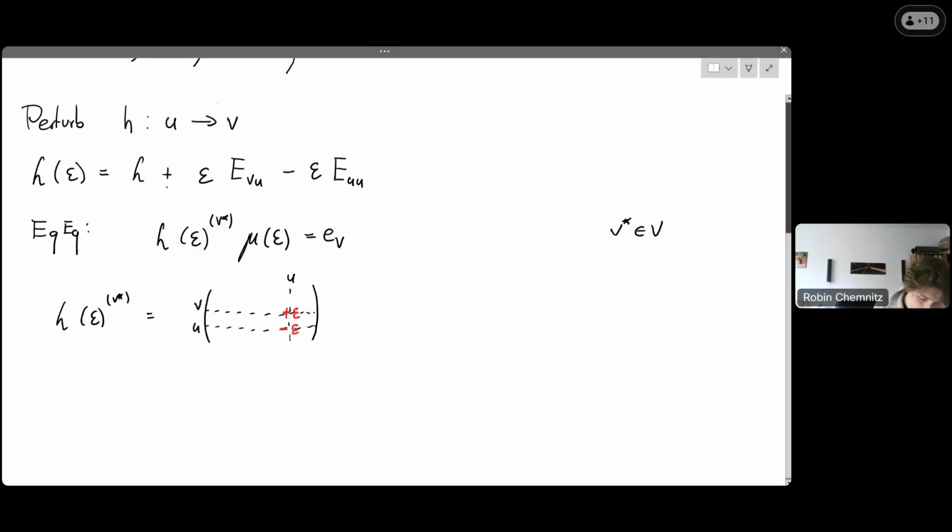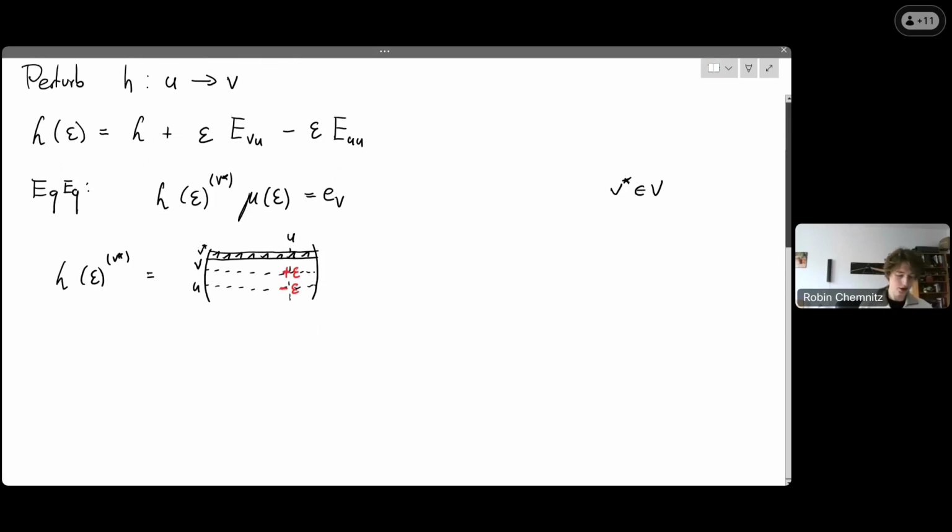And then what we do is we find this v star and replace everything by a row of ones. So this is this matrix L epsilon v star.